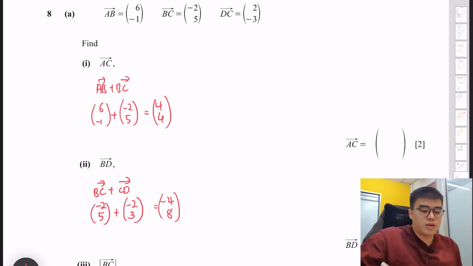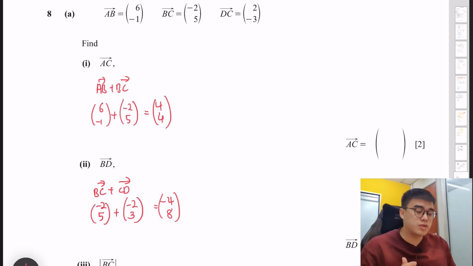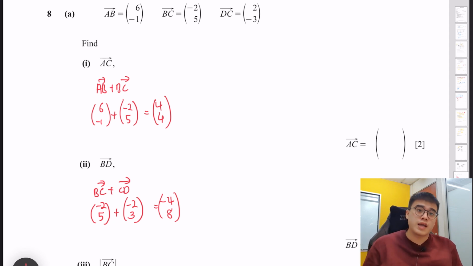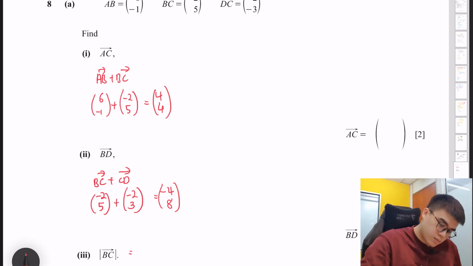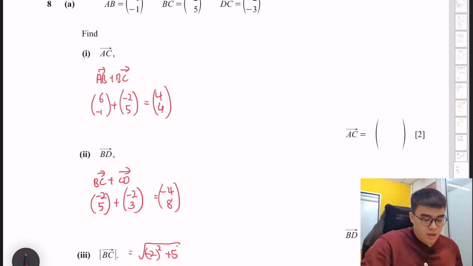So for part 3, this question, you saw the 2 lines there. That's the modulus function. Basically what you need to do to solve this question is to use Pythagoras Theorem. So our Pythagoras Theorem results will be taking -2 squared plus 5 squared.